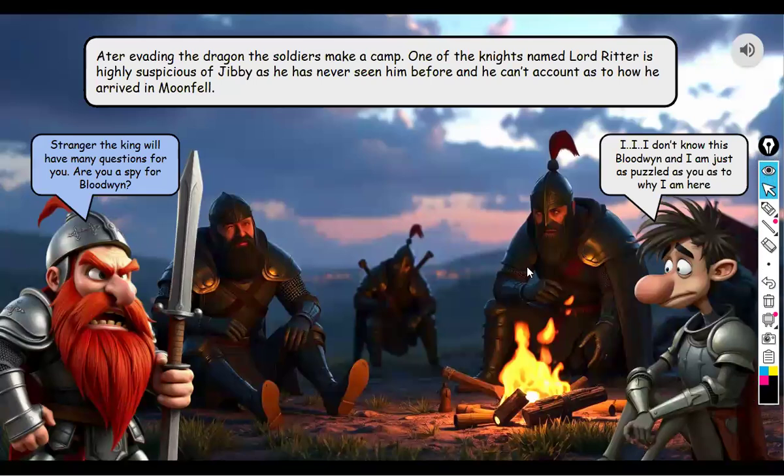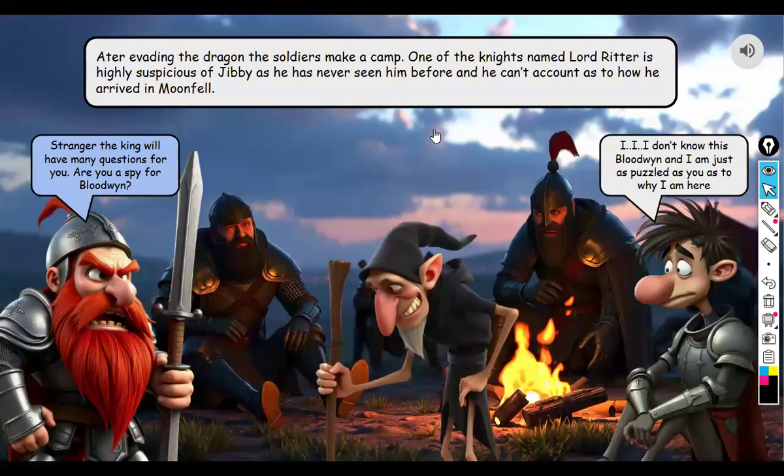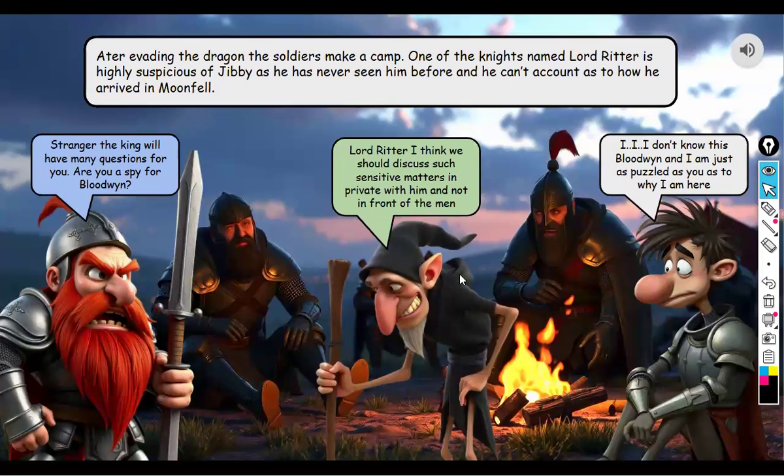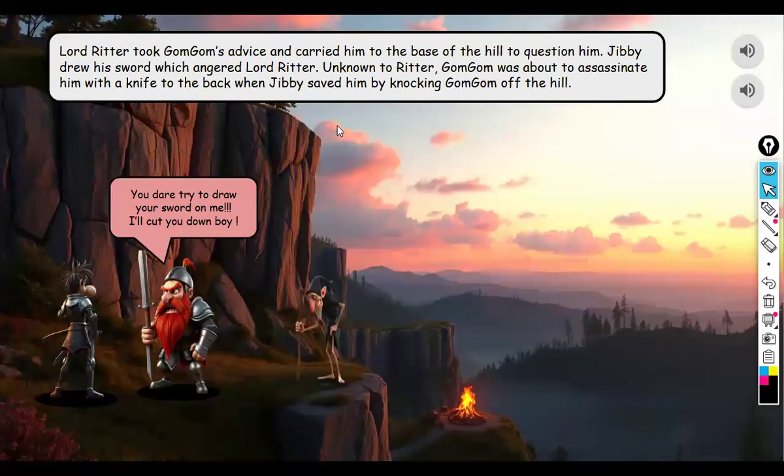All right, so that's Lord Ritter, the guy with the red beard. You might want to remember his name, right? Oh, by the way, the guy in the cloak, his name is Gum Gum. I don't know where I got these names from, right?